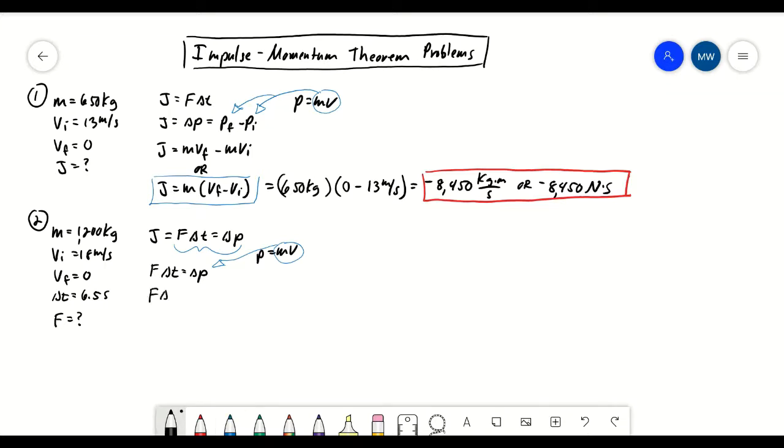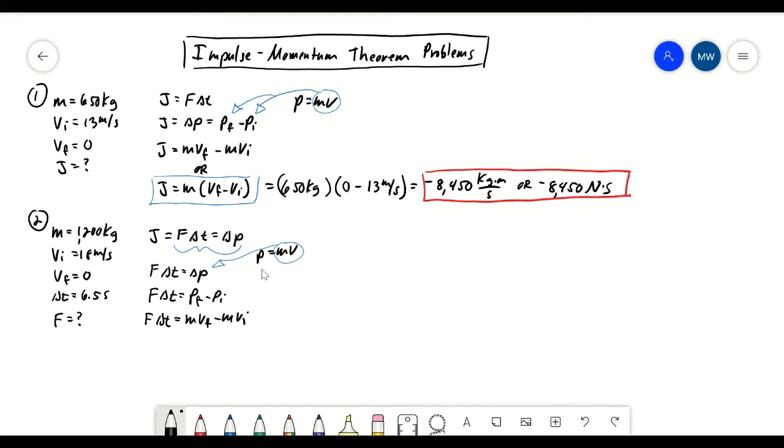So F delta t equals P final minus P initial. F delta t equals mv final minus mv initial. We could go through and do the same steps that we did in the first problem, and we can end up with something like this. We'd have Ft on this side. We could also factor out that m and have v final minus v initial in the parentheses.